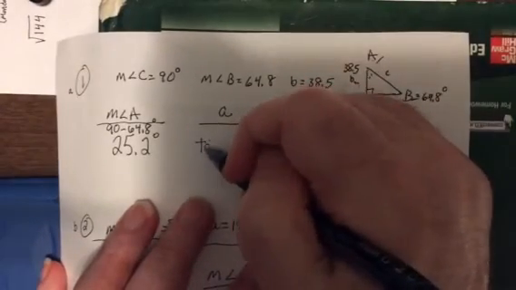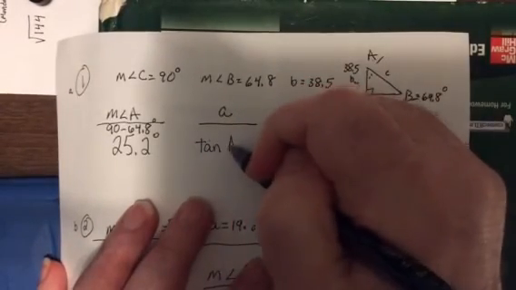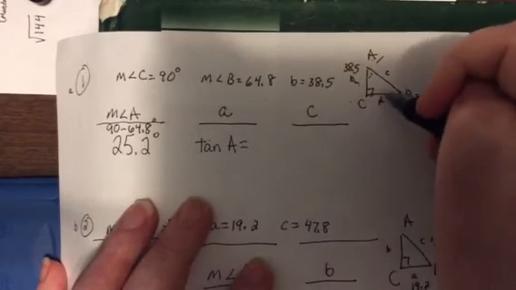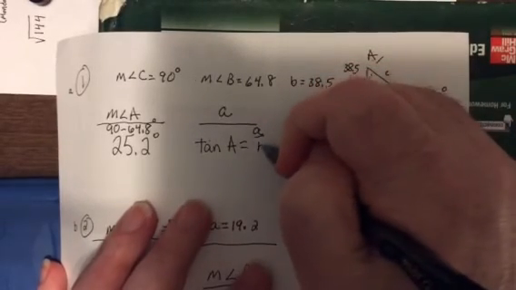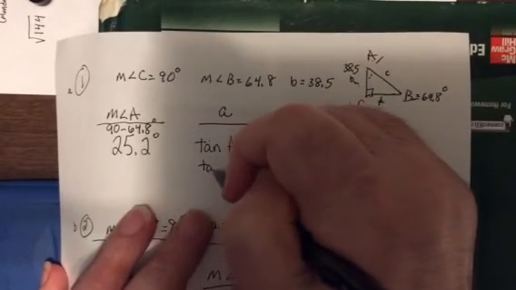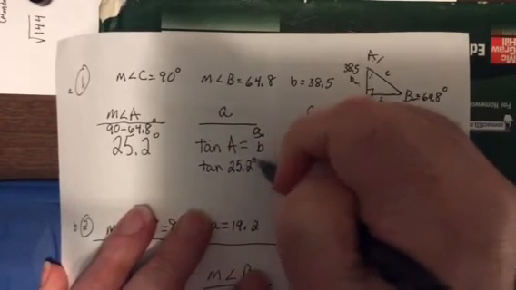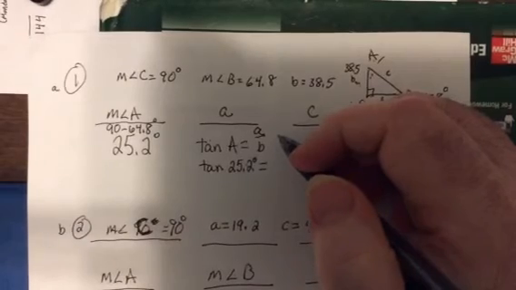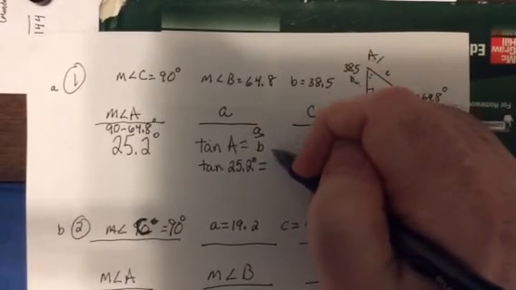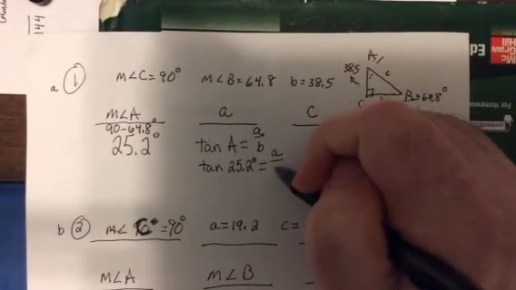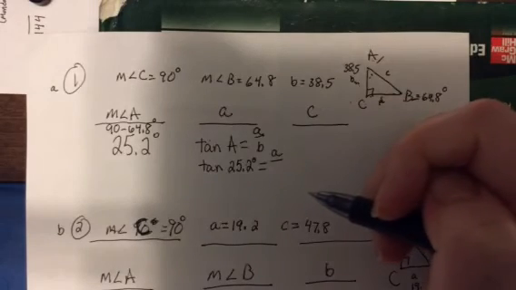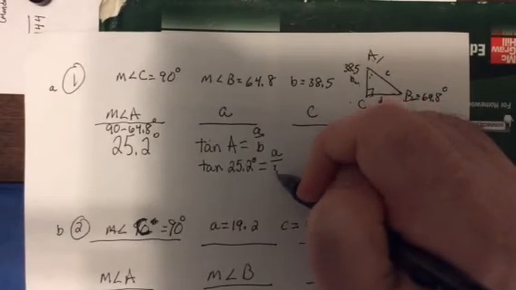That's tangent. So tangent of A equals A over B. So tangent of 25.2 equals A over B, which is 38.5.